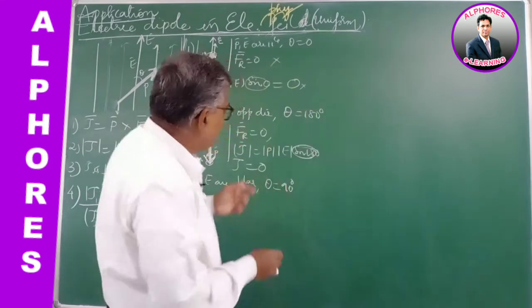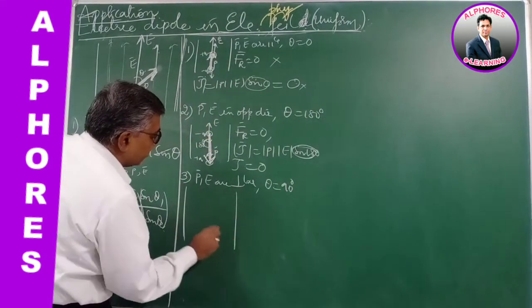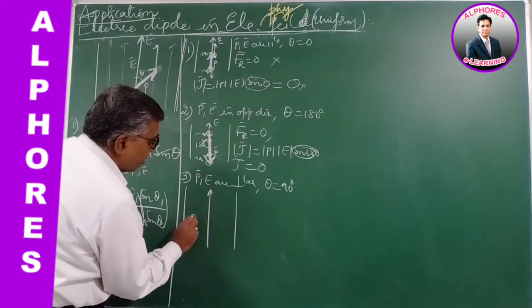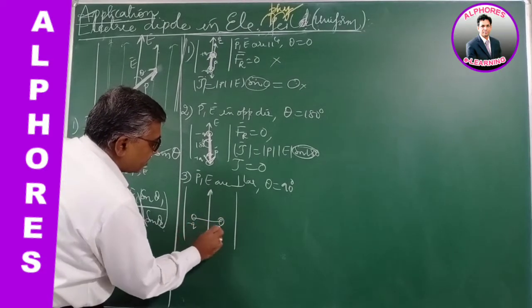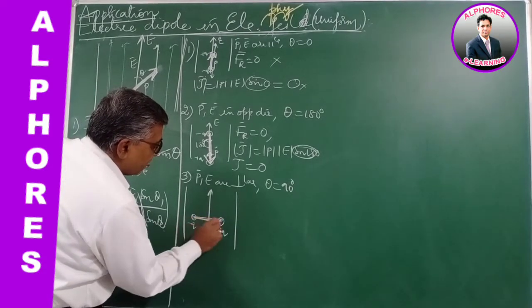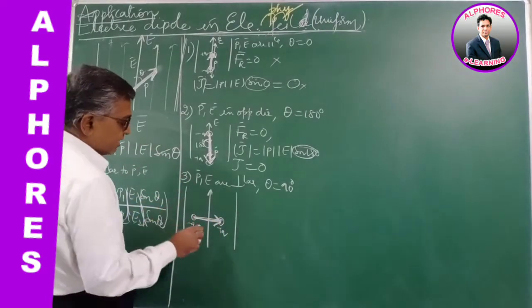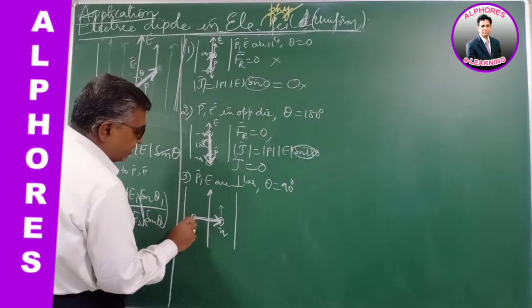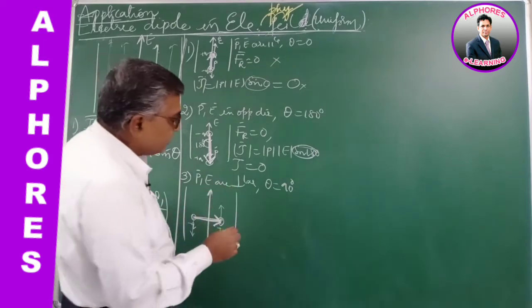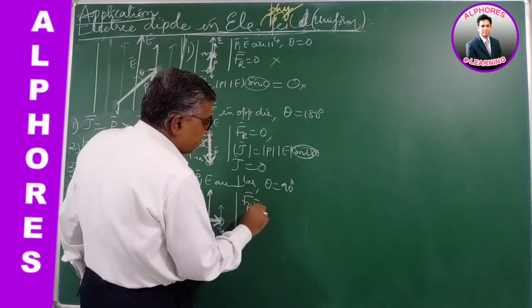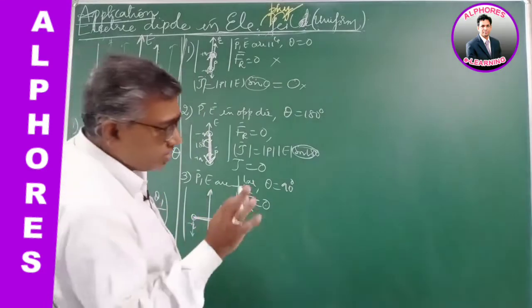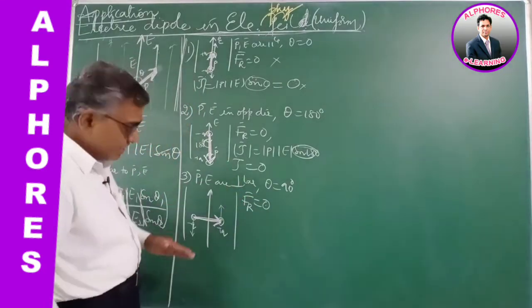If I draw the diagram, this is the field, our dipole is like this, minus Q, plus Q, and the dipole moment is in this direction. The positive charge experiences force in the direction of the field, the negative charge in the opposite direction. Net force is again 0, so the resultant force is 0, no translatory motion.